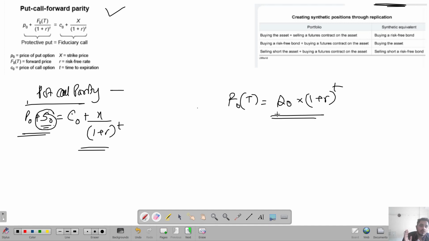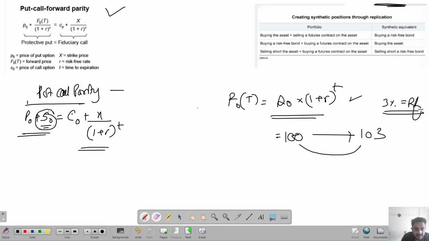So the forward price is basically the risk-free rate that you earn on a stock. For example, if we have Apple shares currently trading at 100, and after 3 months it becomes 103, the 3% you earned is your risk-free rate.